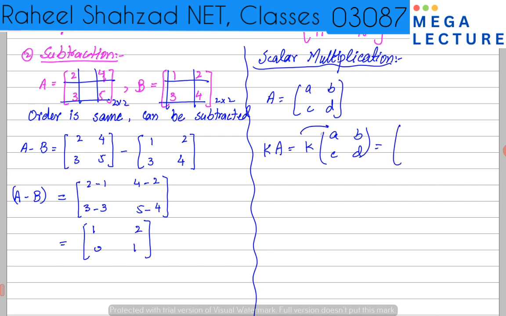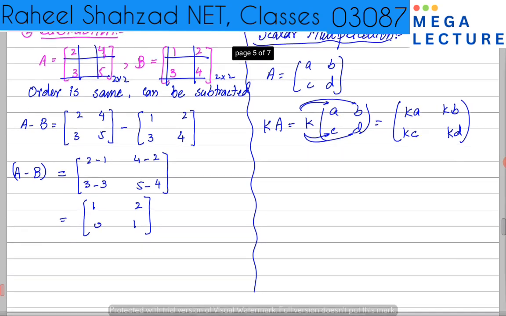This constant is multiplied with every single entry. So it's going to be ka, kb, kc and kd.